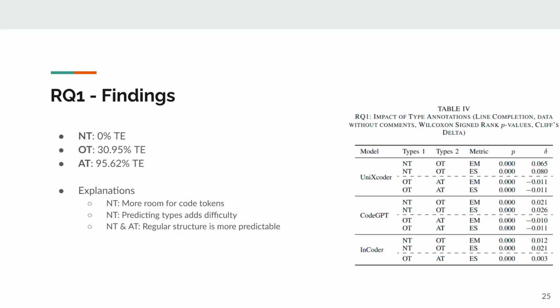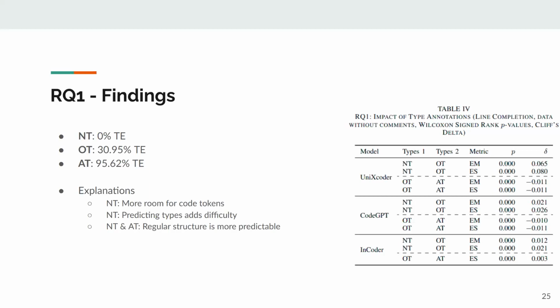And as I said, we do try to filter this out, but this is not perfect because we simply cannot use the TypeScript compiler for this because the models are not guaranteed to create 100% syntactically valid code. So it is still the case that predicting types makes it a bit more difficult, which can result in the difference between having no type annotations at all and adding extra type annotations.